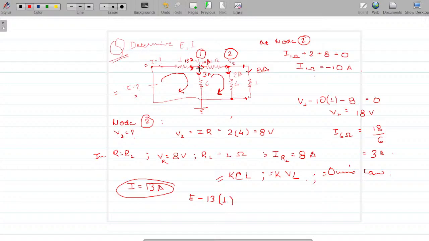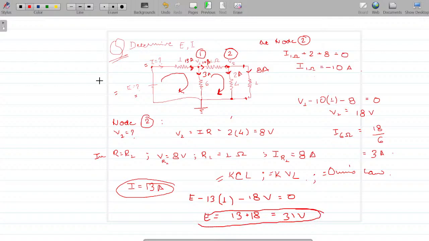And what is the potential here? V1, which is calculated to be 18 volts. What will we write? Minus 18 volt equals 0. Can I write E is equal to 13 plus 18, which is what? 31 volts. So this was a very simple question.